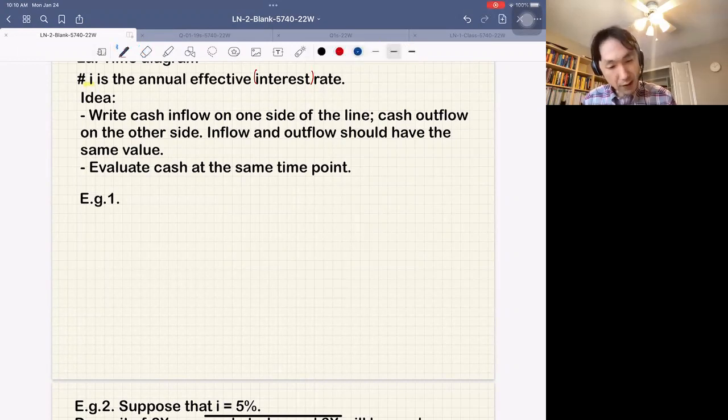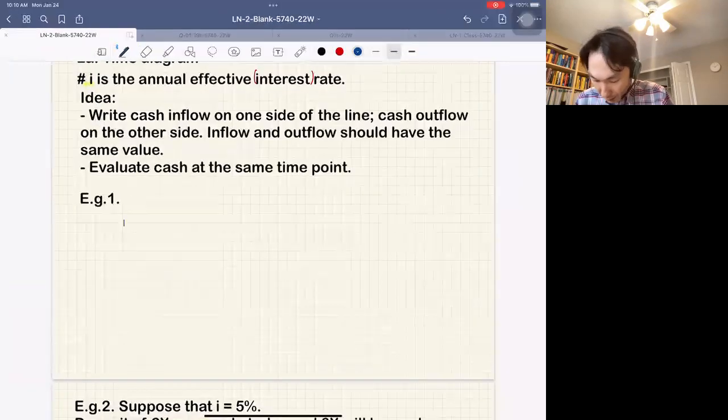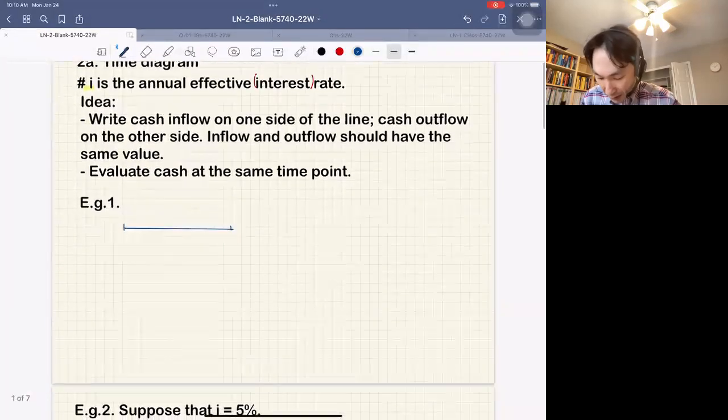Okay, so just several of the most basic examples. The simplest time diagram consists of 2 points.